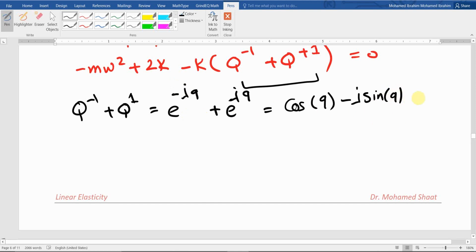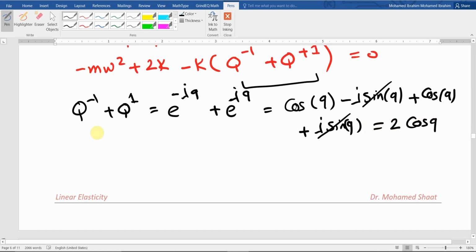This is the first term, plus the second term, which will be cosine q plus i sine q, right? As you can see, these two sine terms will be cancelled, so we're going to end up with just 2 cosine q, which is the q to the -1 plus q to the +1.